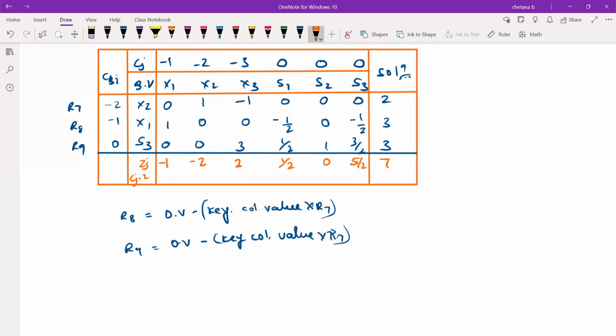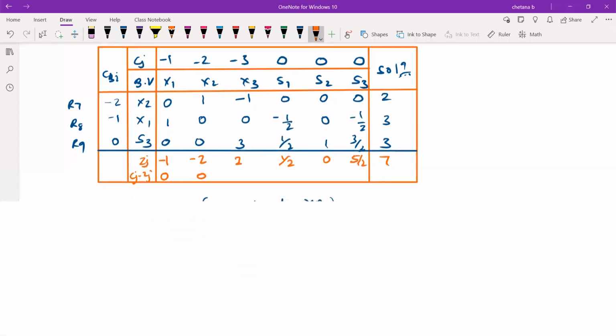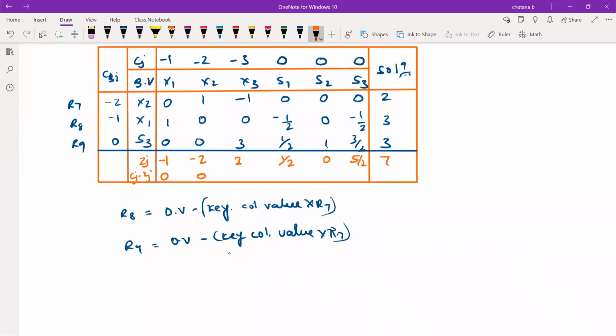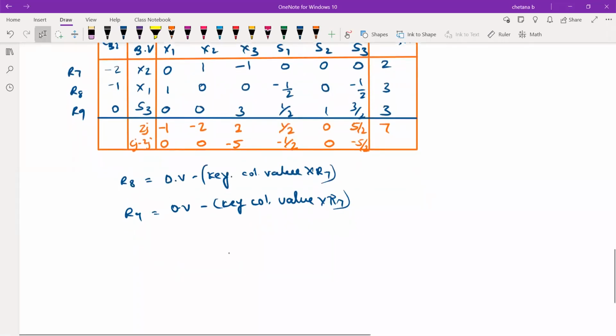Cj minus Zj: 0, 0, 5, 1/2 with minus sign, 0, -5/2. So as you are getting all these positive, this is optimal already, optimal and feasible.